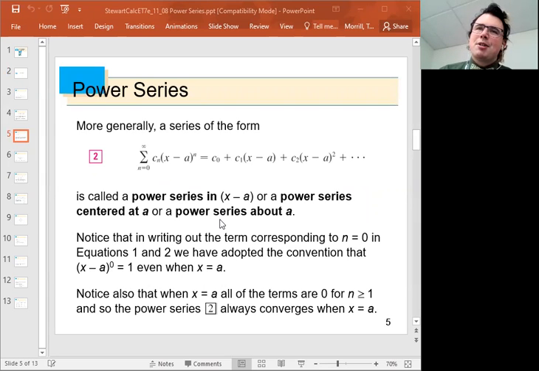So this series starts, we'll have C0. We'll add C1 times x minus a, and we'll add C2 times x minus a squared. Then we'll add C3 times x minus a cubed, and so on. And this has a special name: we're going to call this the power series centered at a, the power series about a.